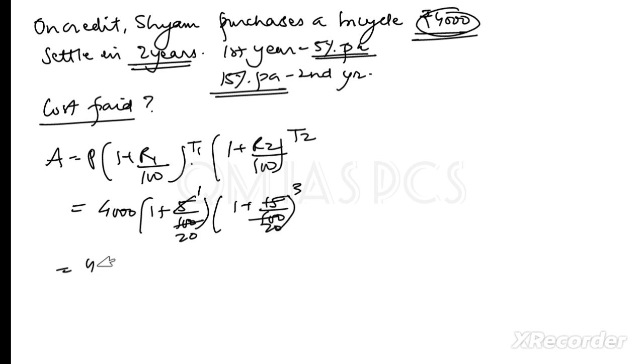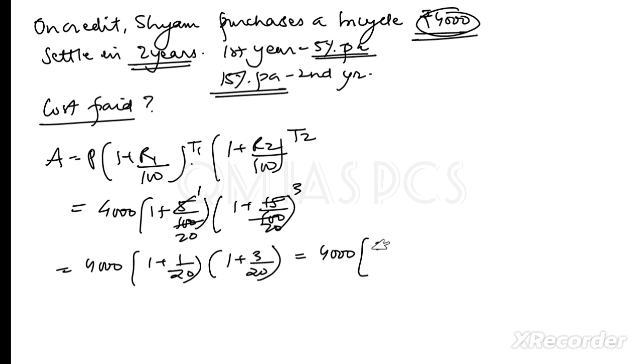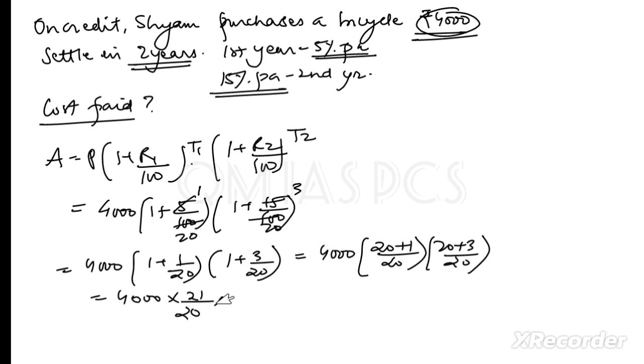Finally we will have 4,000 times 1 plus 1 by 20, times 1 plus 3 by 20. Now you can calculate this easily: 20 plus 1 by 20 and 20 plus 3 by 20. So we will have 4,000 multiplied by 21 by 20 and 23 by 20.